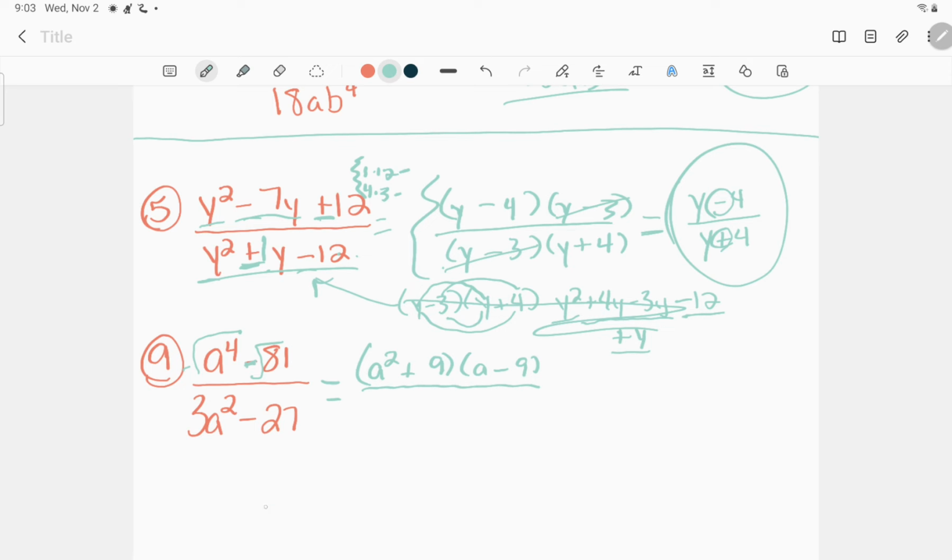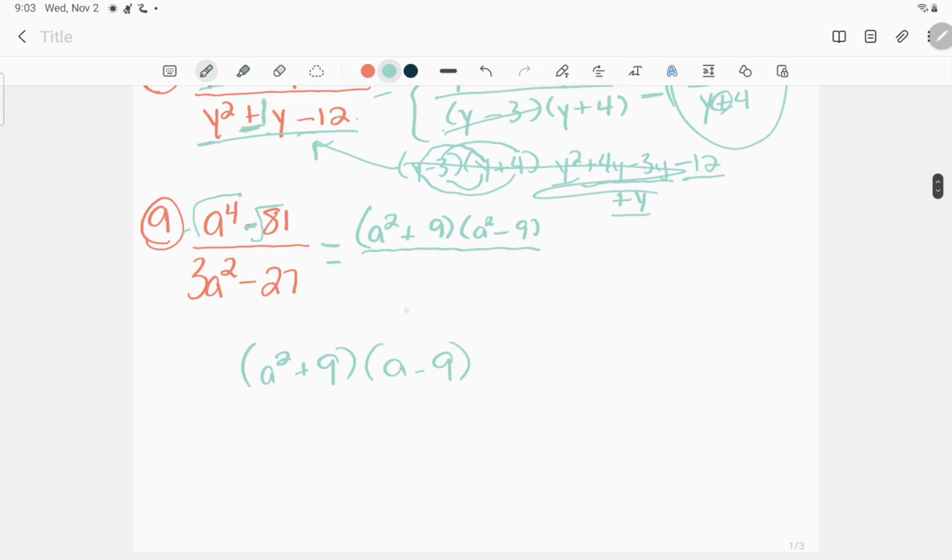If you need to understand that further, you have a squared plus 9 times a squared minus 9. When you do your FOIL method, you're going to do a squared times a squared, which gives you a to the 4th. You're going to do a squared times negative 9, which gives you negative 9a squared.